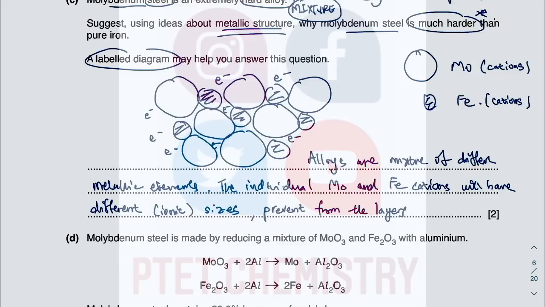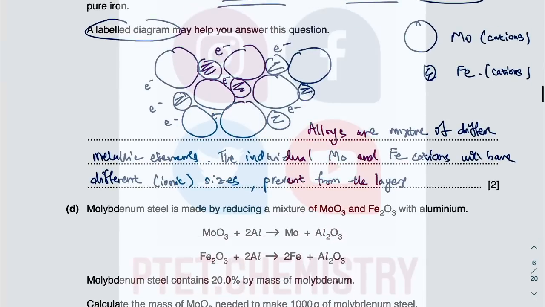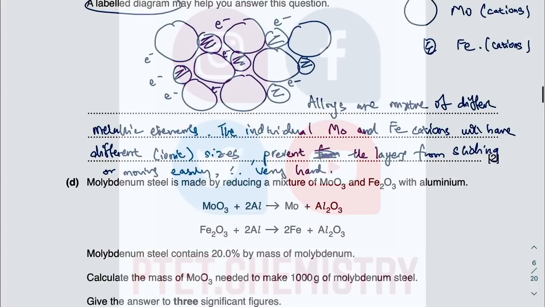You can hammer into thin sheets because the layers can slide over each other. All right, alloys prevent the layers from sliding or moving easily, therefore very hard. If they can slide over each other, that means you can move layer by layer. So that's why metals are malleable. You can hammer into thin sheets, but not alloys such as this, because you have different ions of different sizes. Yeah.